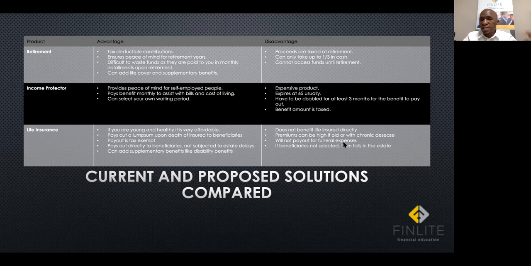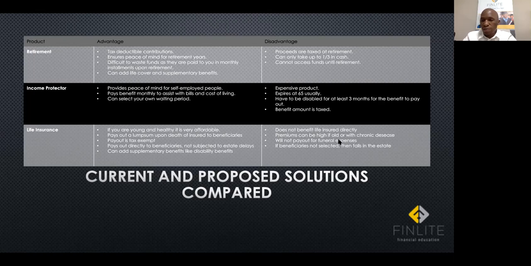If you don't select the beneficiaries in the life cover, for instance the life cover is for 1 million and the beneficiaries are 4, maybe a mother and 3 children, those 3 children share the money with the parent. Obviously the parent becomes the guardian of the money if the children are not old enough yet. So that becomes a benefit if you've selected the beneficiary.